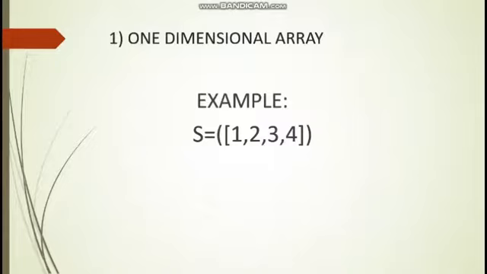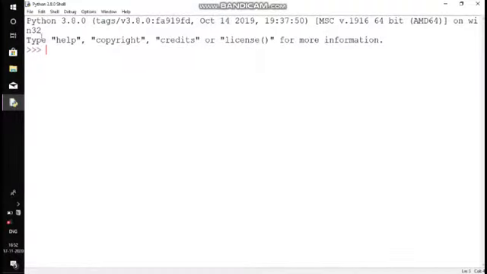To demonstrate this, I want to move on to the Python environment. So here I move on to the Python environment to demonstrate the one-dimensional array. The one-dimensional array is referenced as I take yes as the variable in the collection of the integer data type 1, 2, 3 and 4.